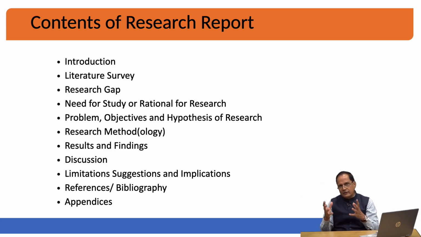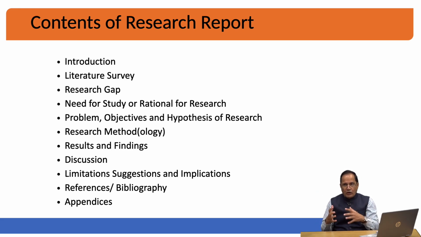After writing the limitations and suggestions, the next chapter, as I told you both when you were writing your introduction chapter as well as your literature review chapter, is that you will collect the details of author, year, and the citation also. So, now it is turn to prepare the chapter of references or bibliography.